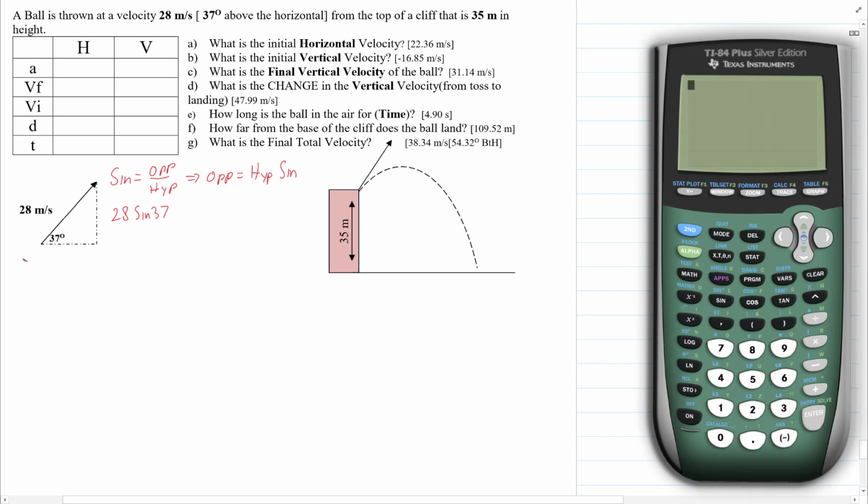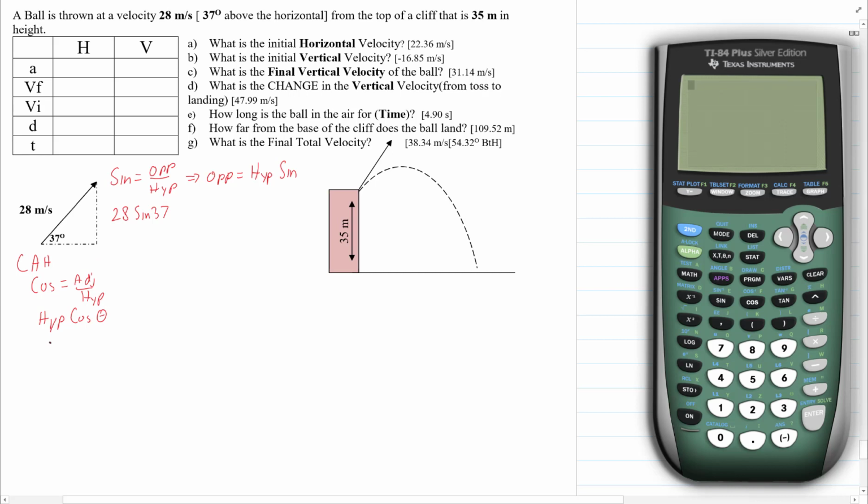And consequently, since this is the cosine, the cosine is equal to the adjacent over the hypotenuse. So the hypotenuse times the cosine will be the adjacent, and that's what we're trying to solve for.